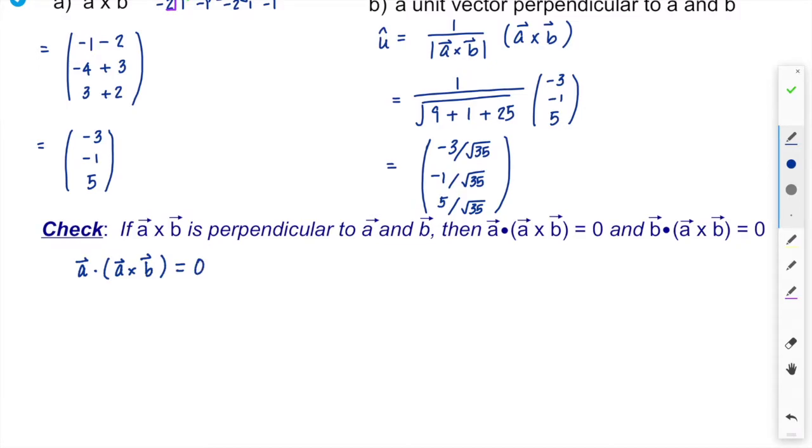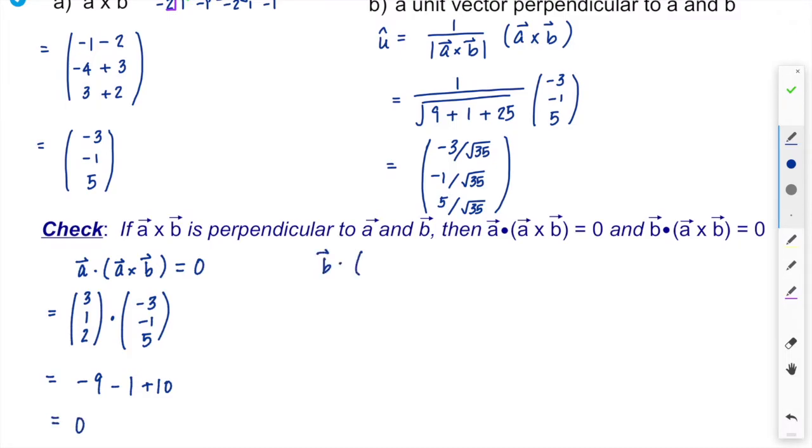Let's see. Vector A is 3, 1, 2. A cross B is -3, -1, and 5. I have -9 minus 1 plus 10, which is 0. That's good. Let's do the same with vector B.